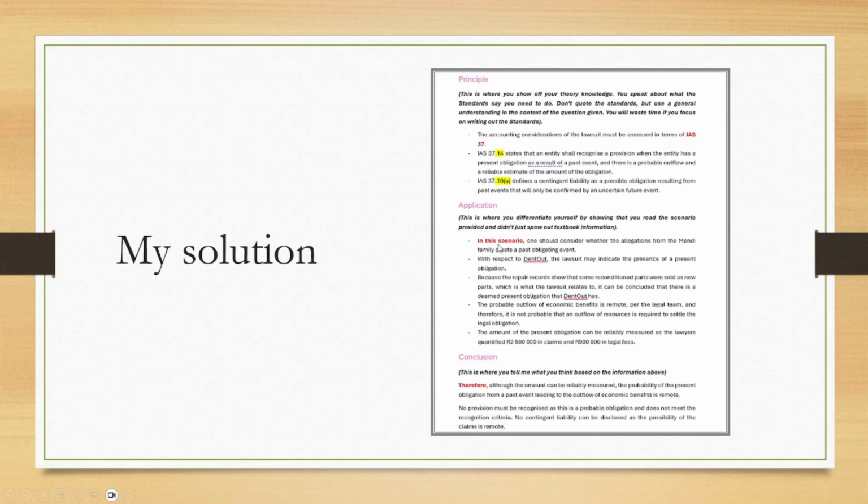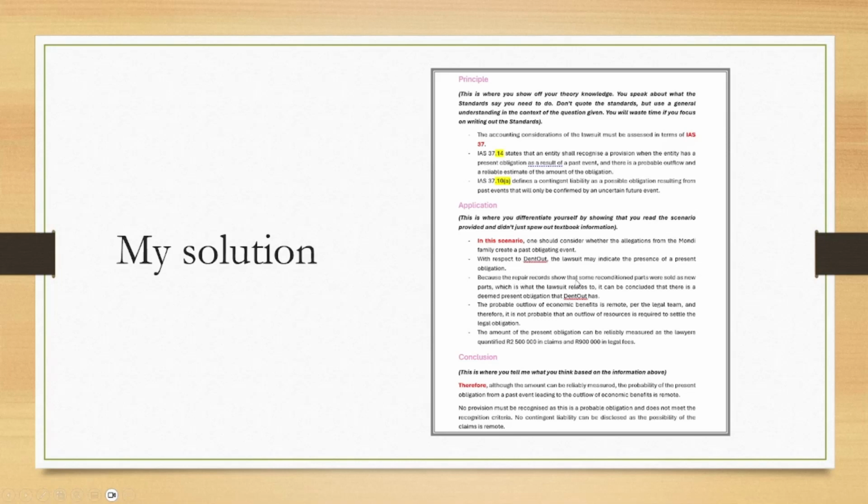So in this scenario, one needs to consider whether the allegations from the Mondi family create a past obligating event with respect to Dent Out. The lawsuit is something I found out about in the scenario, and Mondi is a family I found out about in the scenario, so I'm linking the things. The lawsuit may indicate the presence of a present obligation.